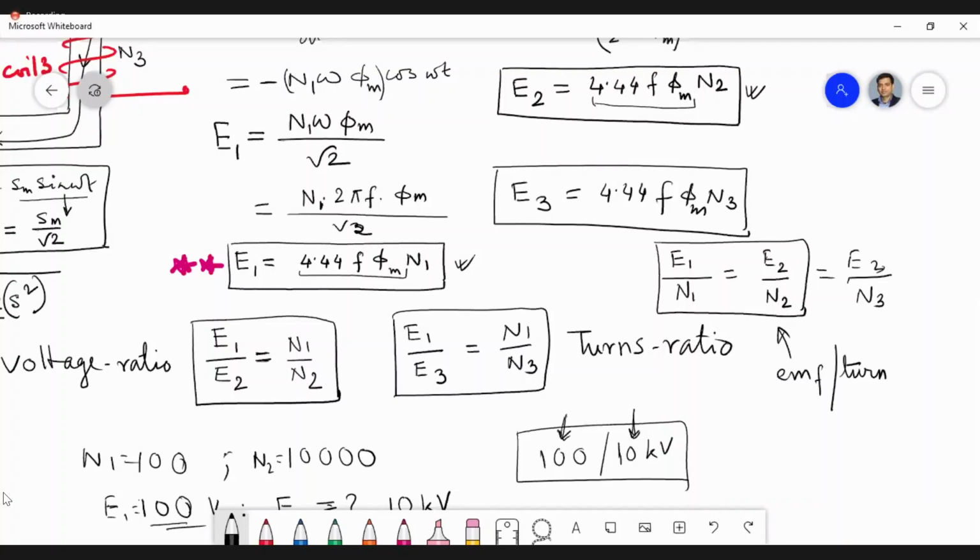But if it is possible to measure the induced EMF across a single turn of any coil in a transformer, we should always have the same voltage. That is the significance of this expression, called the EMF per turn expression. So just by piling this EMF per turn up, we are getting higher voltage.